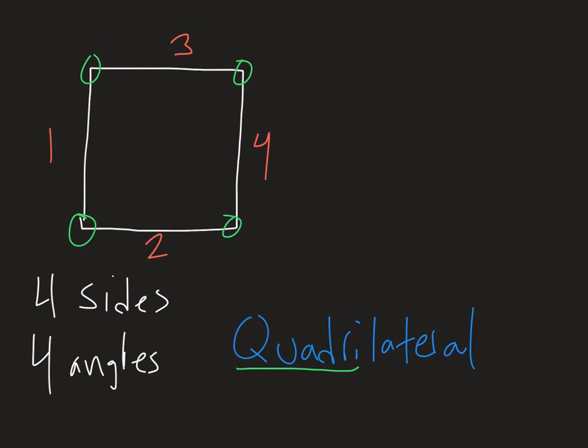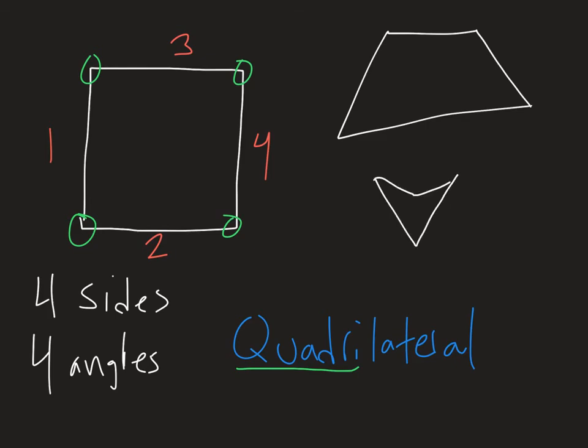Now, quadrilaterals can take many shapes. You have squares, which are our most common quadrilateral, but you can have other shapes too, like trapezoids, which are irregular. This trapezoid has 2 sides that are pinching in and one side that's bigger than the other. You can also have these strange arrow type things.